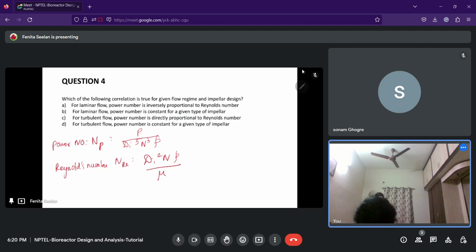For turbulent flow, power number is constant for a given type of impeller. For turbulent flow, power number is directly proportional to Reynolds number? No. For turbulent flow, power number is constant. These both are the answer.